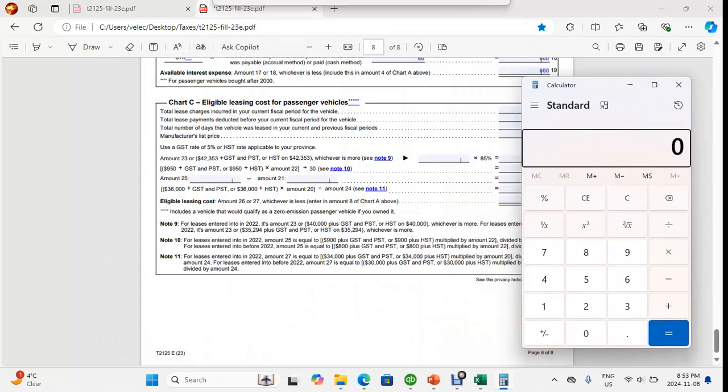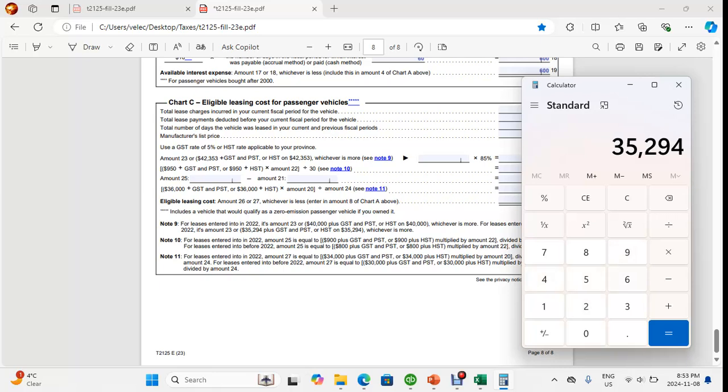So if you do some math on the side, let's say this lease started before 2022, $35,294 times HST, which is about 13%. So that comes up as $39,882.